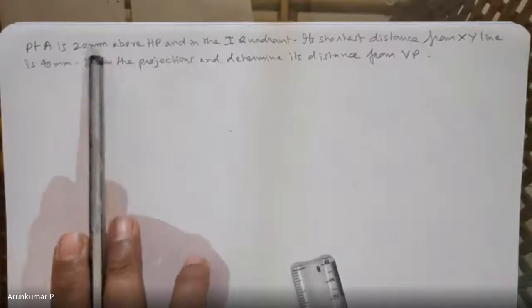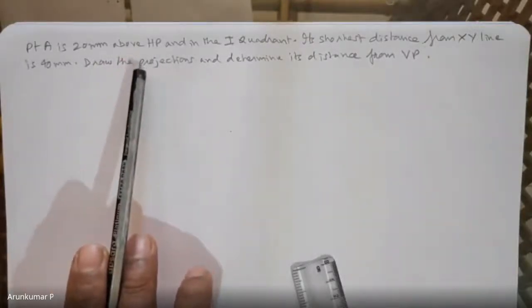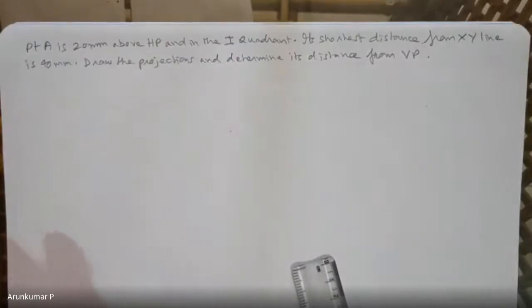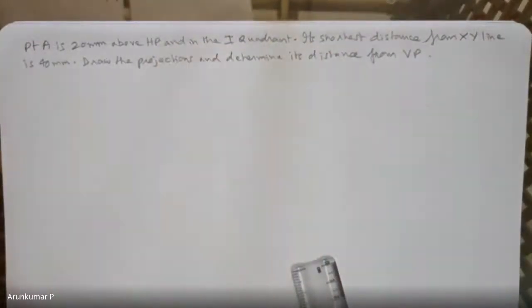Like it is 20 mm above HP and some distance in front of VP. In this statement, are you finding any such value in front of VP? Is it given? No, sir. Yeah. So that is the one thing which is different here.